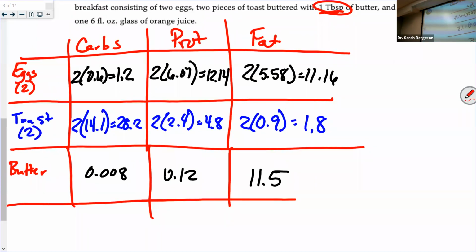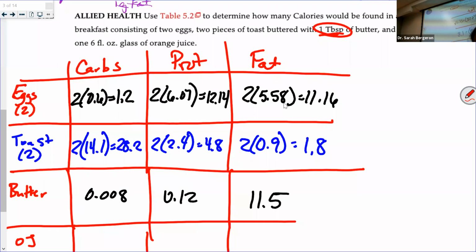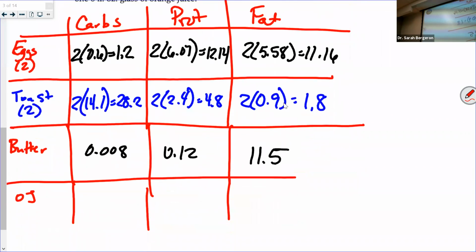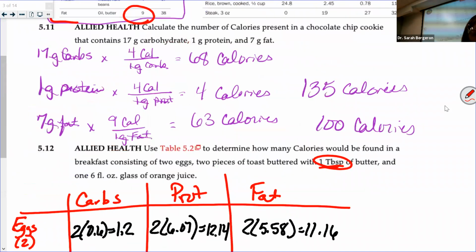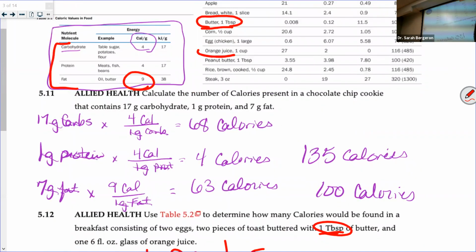Okay, but we're not done yet, right? I didn't know this problem was going to get so long. I had some OJ. How much OJ did I have? 6 fluid ounces. So I need to go back up to my table and find my orange juice. Uh-oh. What do you notice?